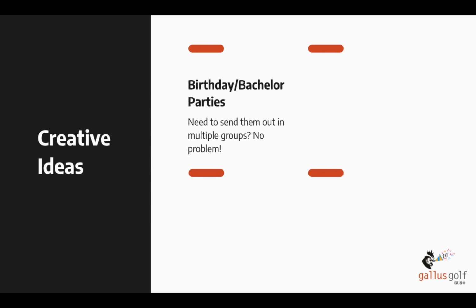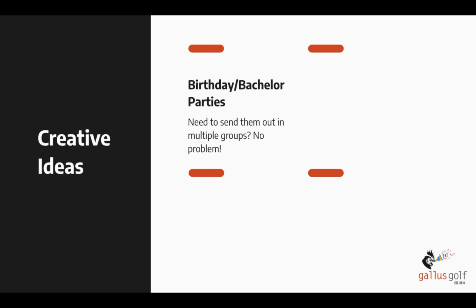If you have a big group coming in, maybe it's 15, 20, 25 people, and you have to send them out in multiple groups, no problem. You can set this up ahead of time and even offer it as part of the package if they're playing together as a big group. Say, hey, you get live scoring included with your package, or add it as an add-on. I've seen some clubs charge extra for this, even though it doesn't take you very much time to do.